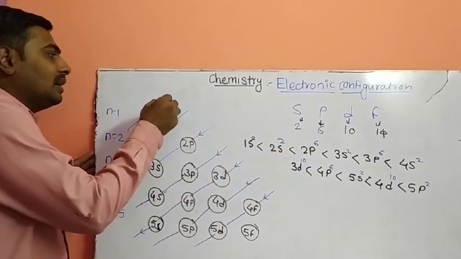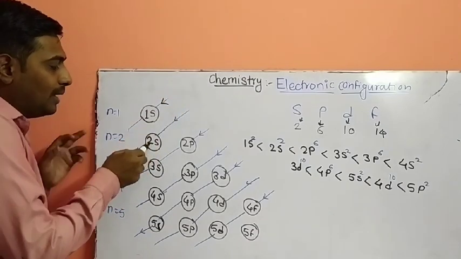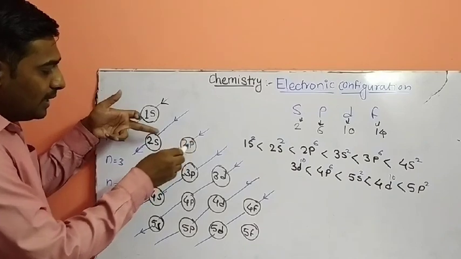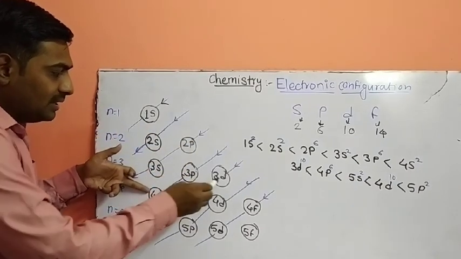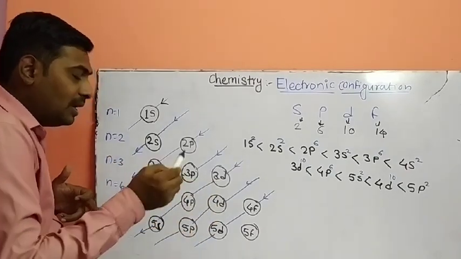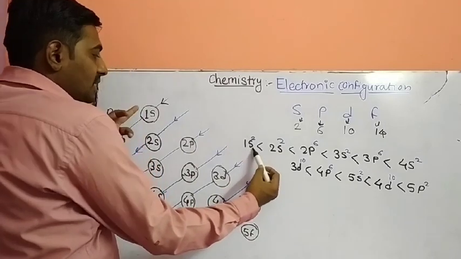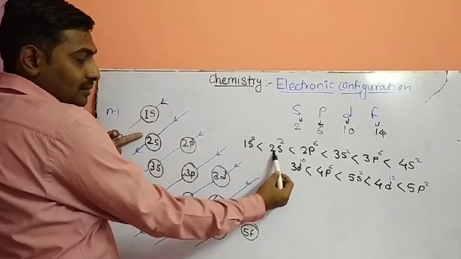The electron filling order will be like this: 1s, then 2s, 2s then 2p, then 3s, then 3p, 4s, 3d, 4p, 5s, 4d, 5p, and so on. See, this is 1s, second 2s.